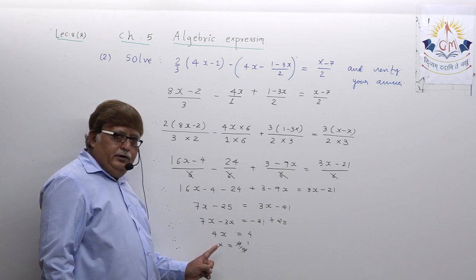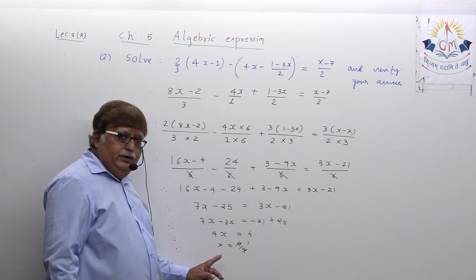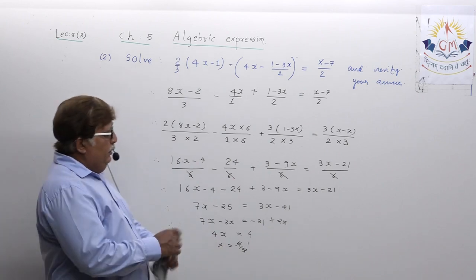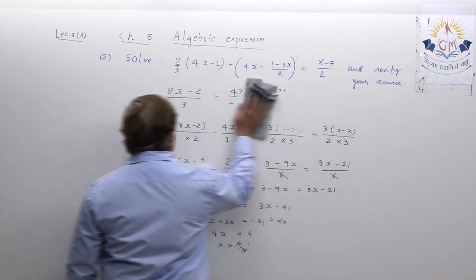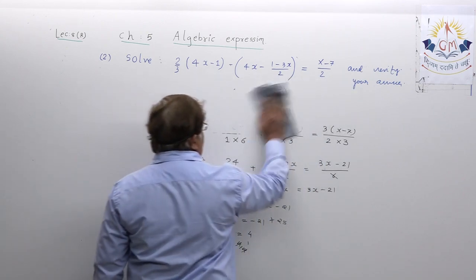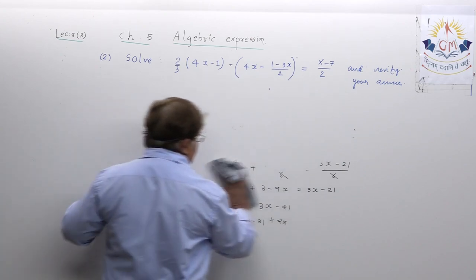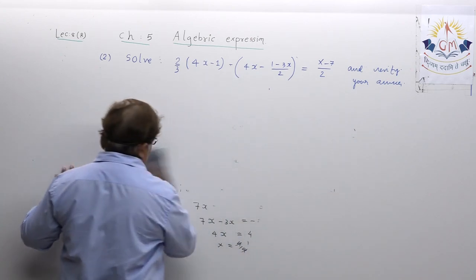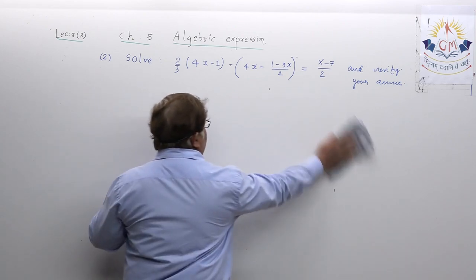Is it clear in your mind? X equal to 1. Okay, let me erase this data to make the explanation of the next half of the sum comfortable. Next half of the sum.